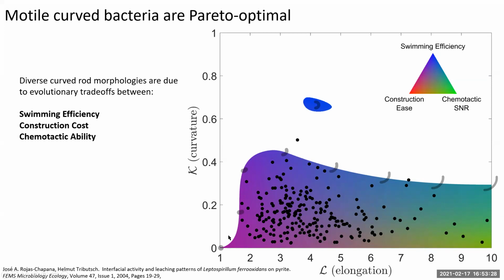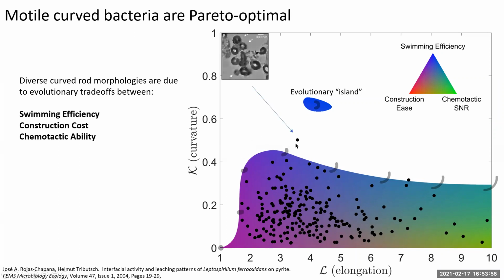Whereas if you're closer to a sphere, you maybe just want to be really cheap to build. You don't care that much about chemotaxis. And if you're way up here, maybe you care a lot about swimming efficiency as well as chemotaxis. So it's a 3-way trade-off that you get. And of course, this fits the data really well, it turned out.